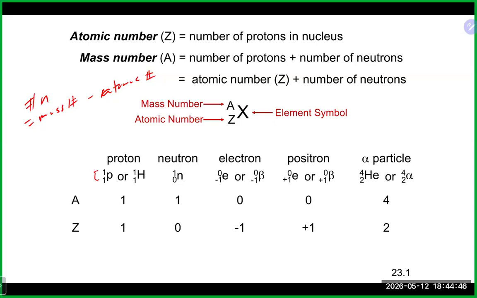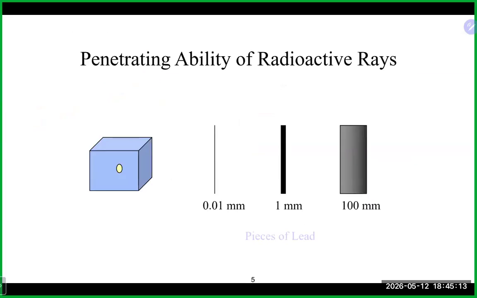A neutron is also something we see a lot in nuclear chemistry, and the symbol for a neutron is an N with a 1 and a 0. Obviously, for our electron, our beta particle, our positron, and our alpha particle there are a couple of symbols. So again, kind of interchangeable. They do float around between symbols a lot here.